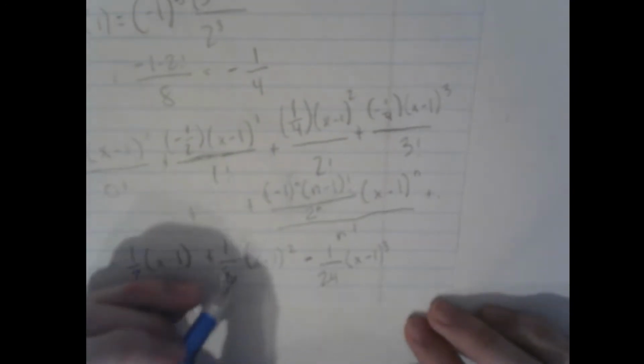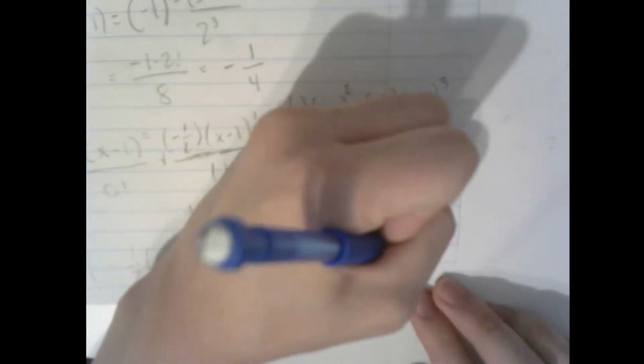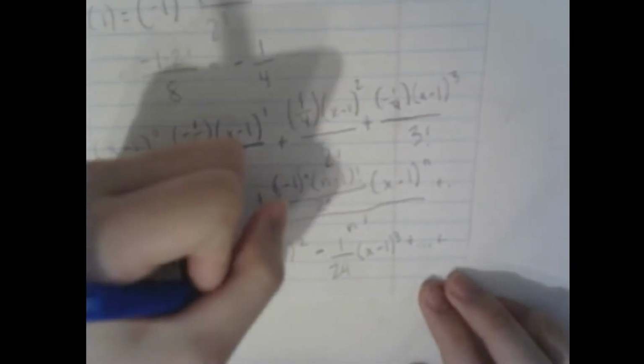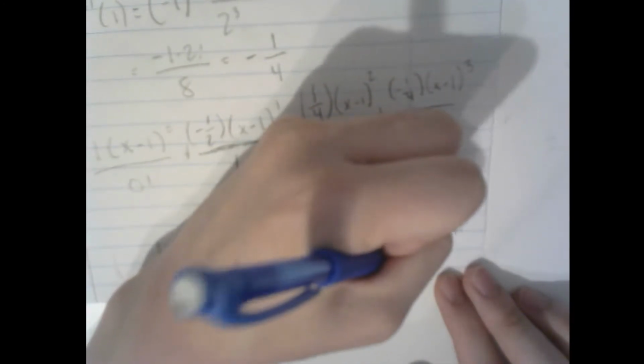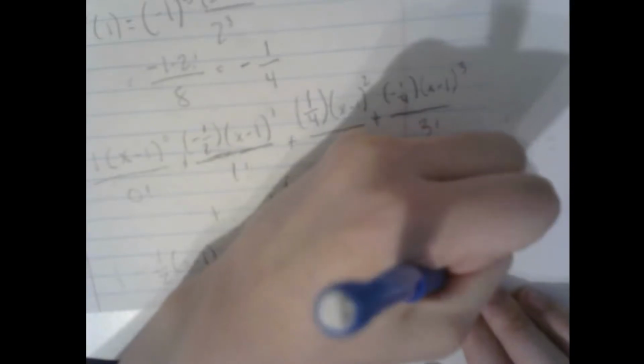We're only multiplying negative 1/4 times our factorials, and that's how we're getting negative 1/24. And then we simplify our general term, and that's going to be negative 1 to the n times x minus 1 to the n over 2n times n plus ... And this is going to be our final answer.